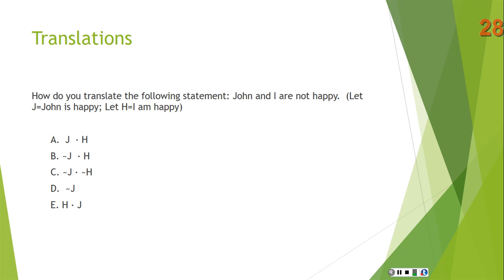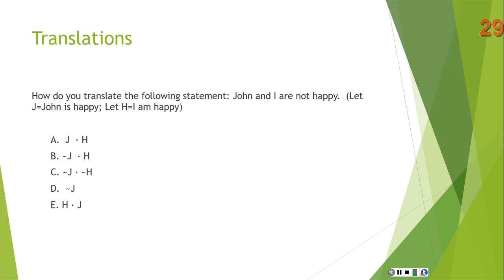D is not appropriate. That just says John is not happy. That's leaving out I am not happy. And E is not appropriate. That says I am happy and John is happy. So the only option is John is not happy and I am not happy, which is C.